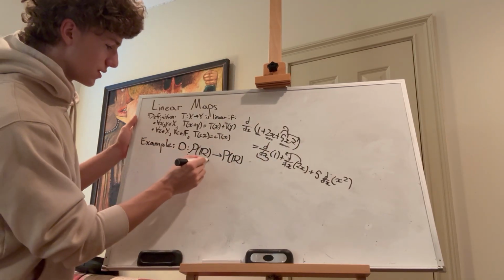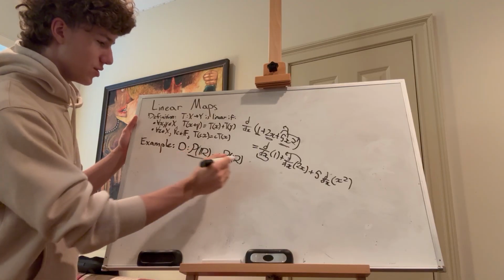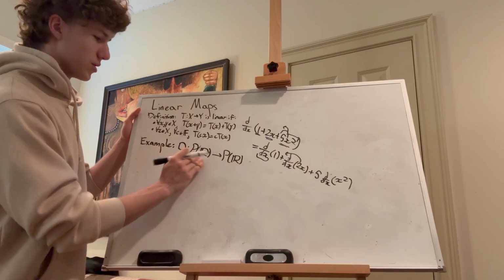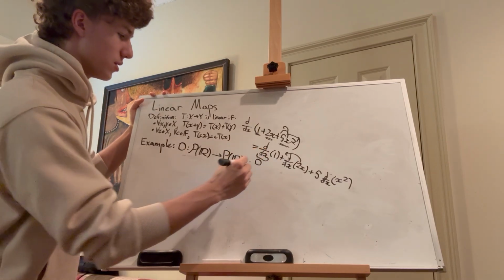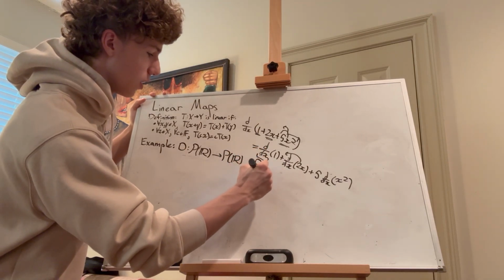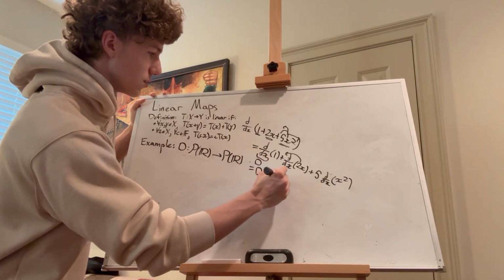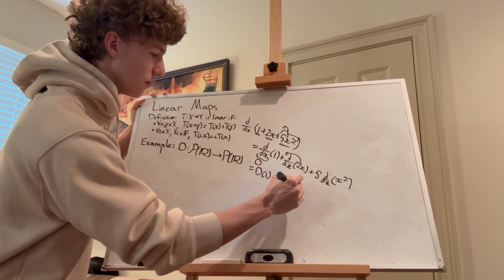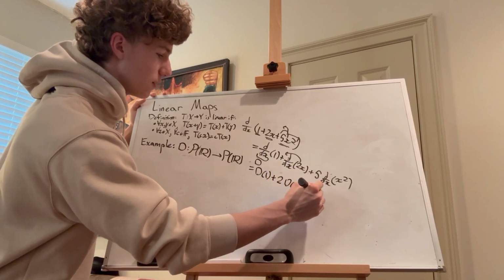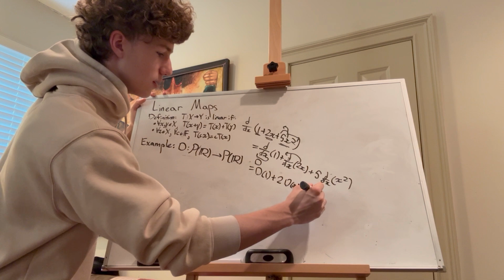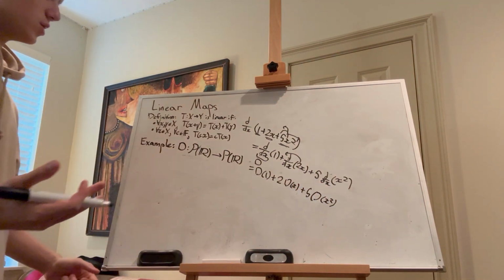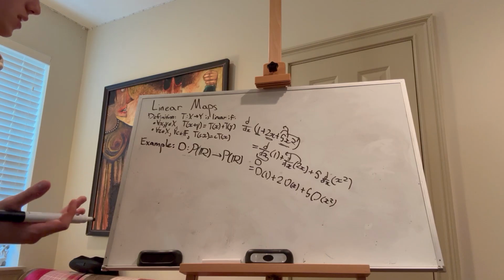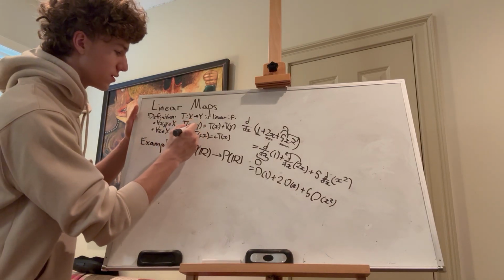An operator is just a function from a set to itself, or going from polynomials to polynomials. We're writing this as D. So this is just D of 1 plus 2 times D of x plus 5 times D of x squared.